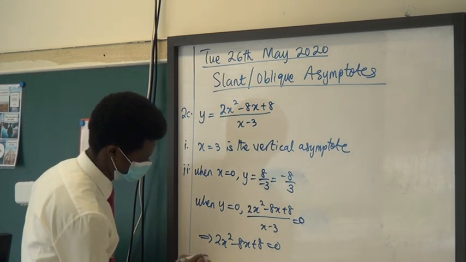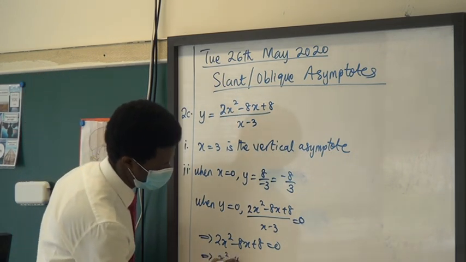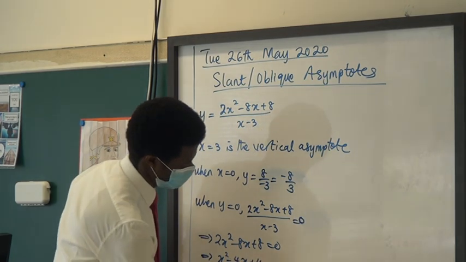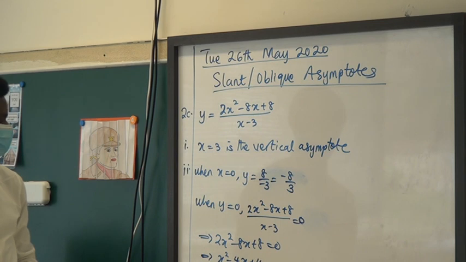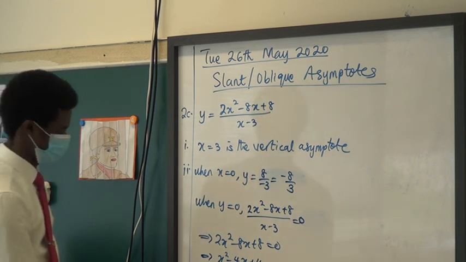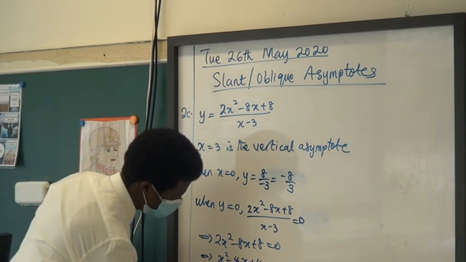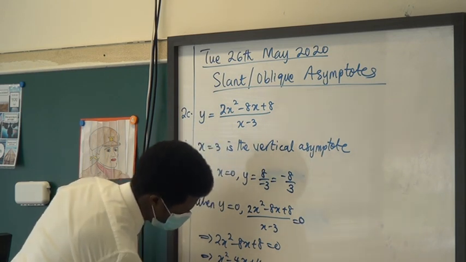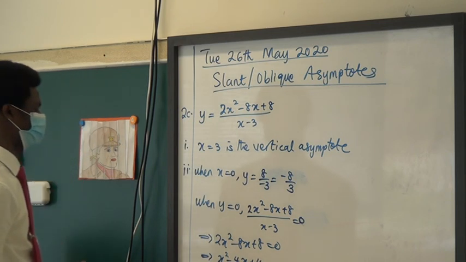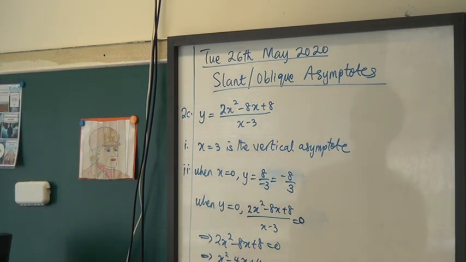If you divide by 2, you get x squared minus 4x plus 4. Great, you have equal roots, 2 and 2. So we only have one intercept, basically. So x equals 2 is the x-intercept, and this is the y-intercept.